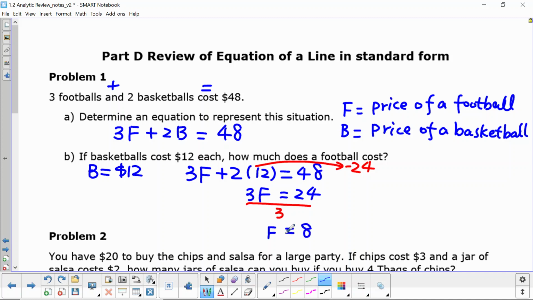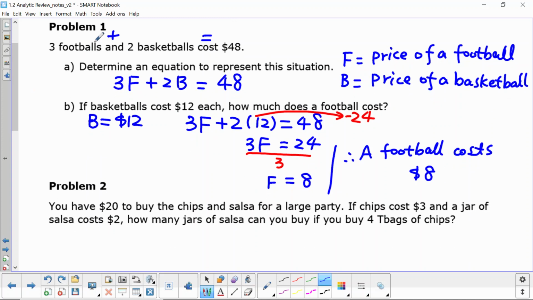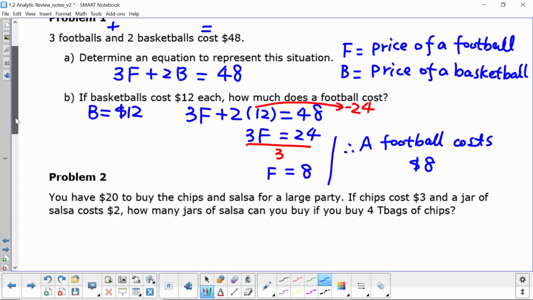And here the 8 means dollars. So a football costs $8. Then it's done. So this is how you solve word problems using an equation of a linear relation.